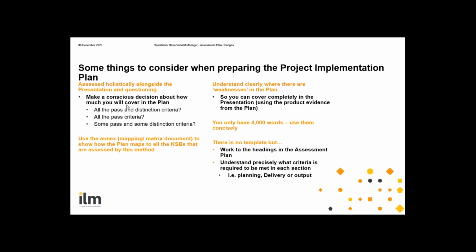You need to make a decision about how you're going to compile this project implementation plan. Are you going to make sure it covers all of the pass criteria and all of the distinction criteria, so that your presentation is a little simpler, or just able to recap? Or are you just going to focus on the pass criteria, or cover only some aspects?